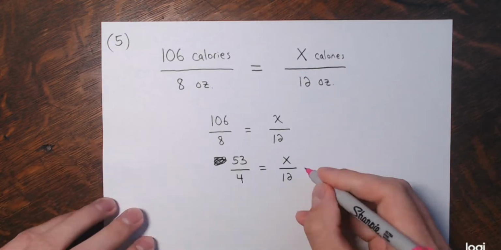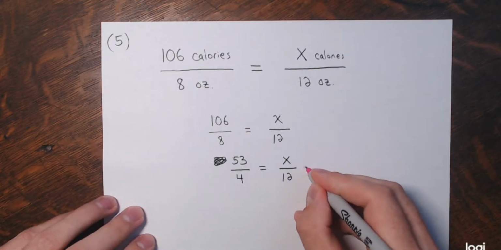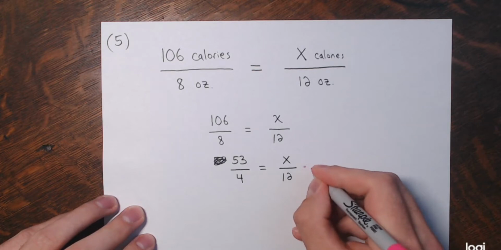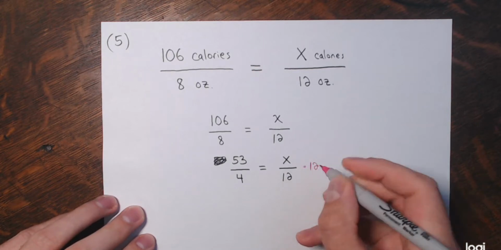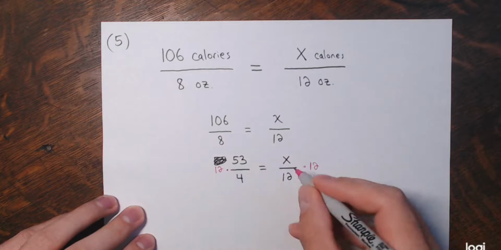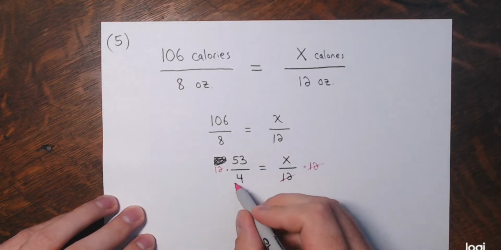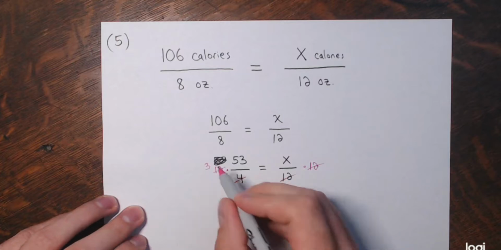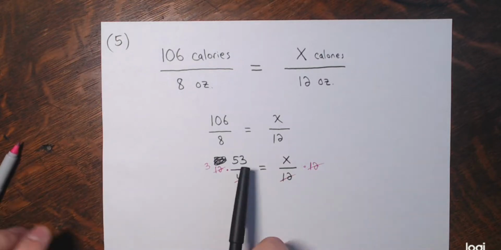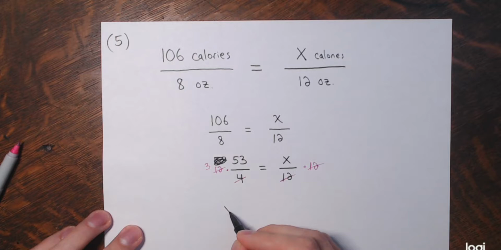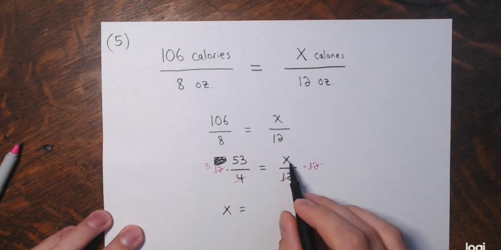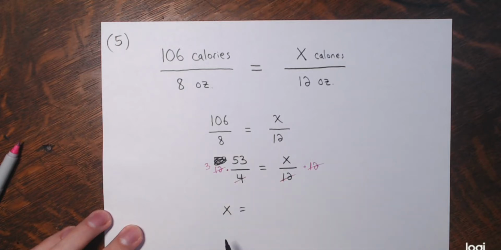So I would just simply be multiplying by 12 on both sides. The 12's cancel on the right side, leaving me with x. And then 4 goes into 12 3 times. So I'd end up with 3 times 53 on the left side. So we have x equals, I'm just switching sides now, x equals 3 times 53 would be 159.